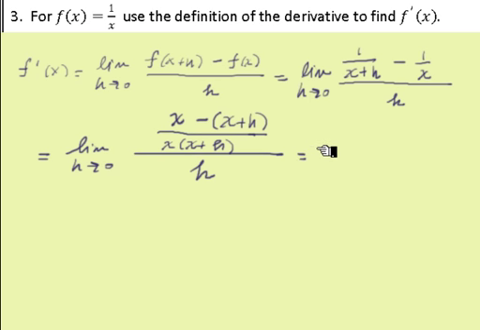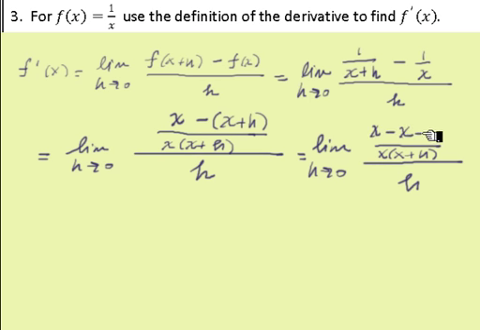All right, let's just open up those parentheses. So we have x minus x minus h. These cancel. We end up with a negative h there. Okay, that's the h we were looking for, so that we can cancel with that h in the denominator.